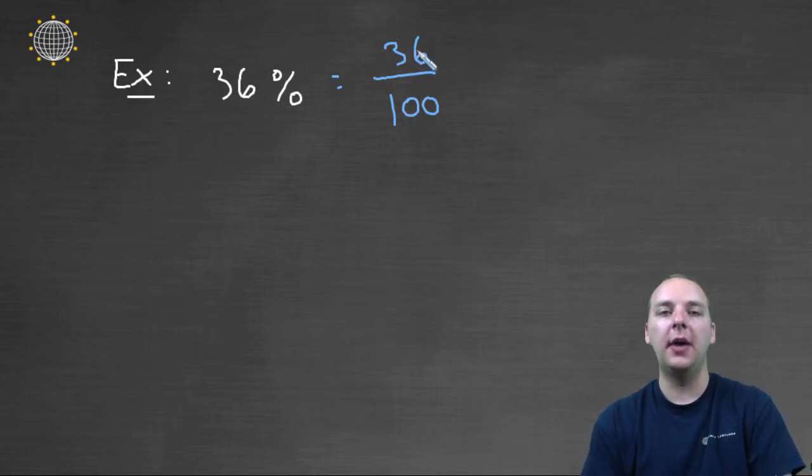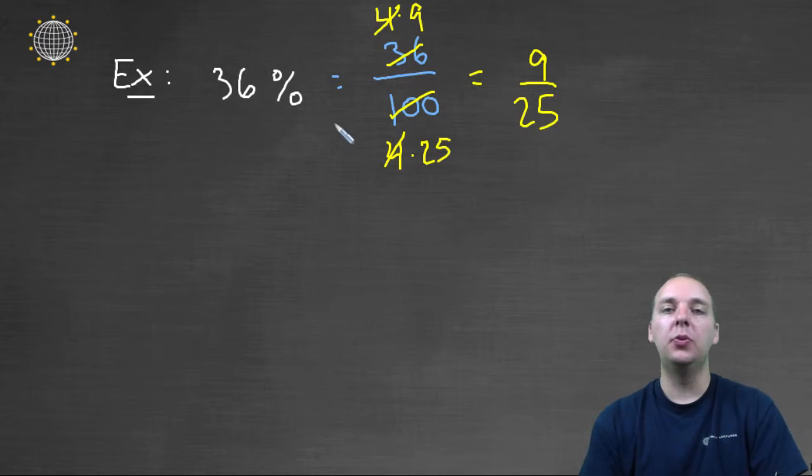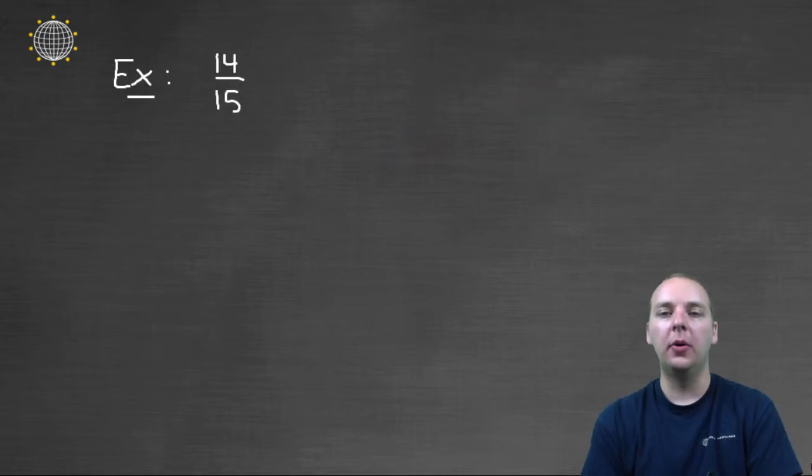I think we have a common factor of 4. 36 is 4 times 9, and 100 is 4 times 25. We can cancel the common factor of 4. And so 36% as a fraction is 9/25. So this is a much more straightforward route. You just write it out of 100 and then simplify your fraction. Let's try a couple more.